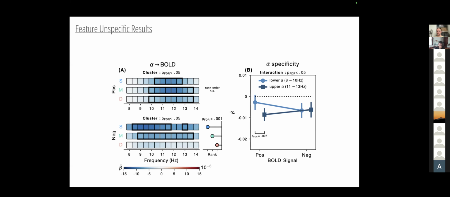The simple effects tend to point towards an effect mostly in a positive regime where it's not significant. It's just trend level, almost 0.1, but it hints towards mostly upper alpha being responsible for this effect. But we don't know. The interaction is significant, but there's only a trend level effect for the simple effects there.